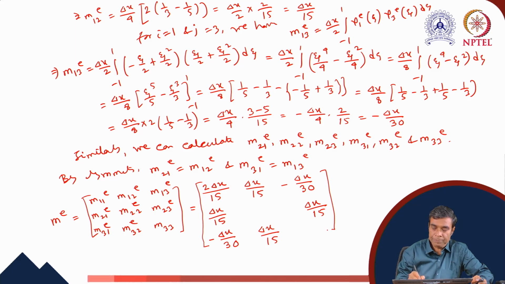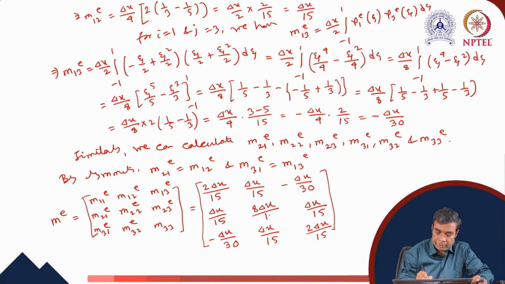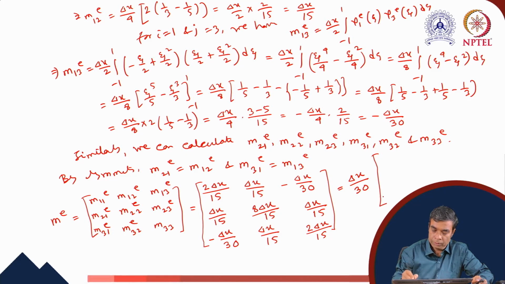The last diagonal term M33E will be 2 delta x by 15, and the M22E term will be 8 delta x by 15, so that we can represent it as delta x by 30 into 4, 2, minus 1; 2, 16, 2; minus 1, 2, 4.